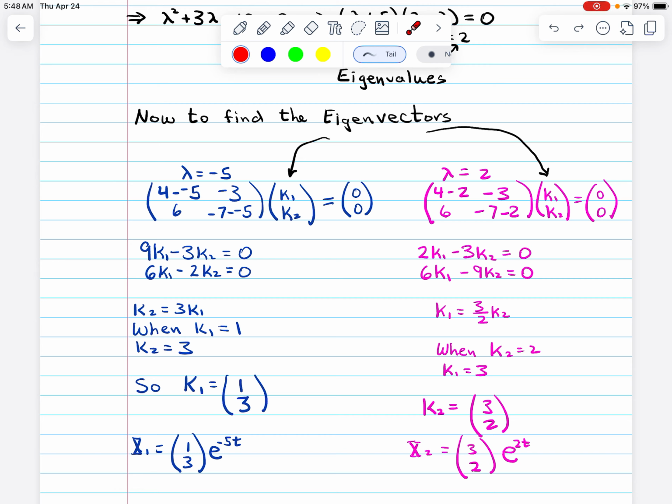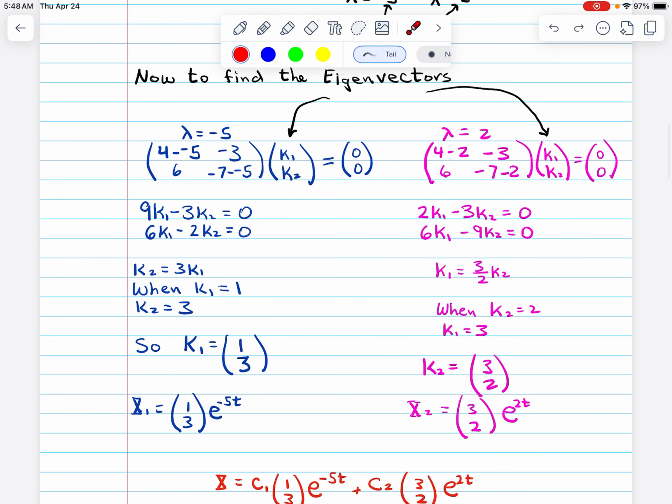So what I do is I say, okay, well, K1 is equal to 3 halves K2. If I choose K2 to be 2, and I put that in here, then K1 is 3 halves times 2, which is 3.